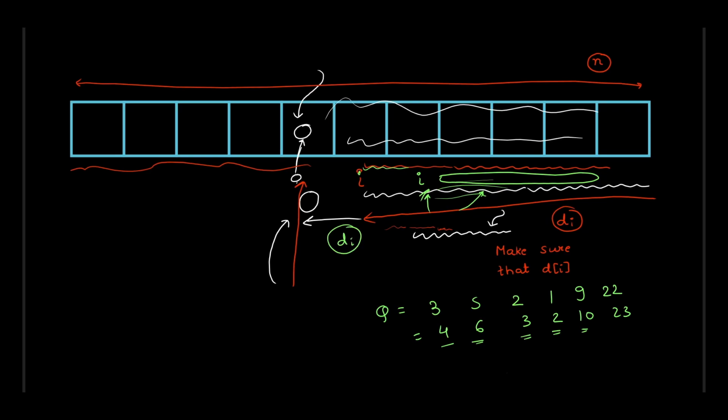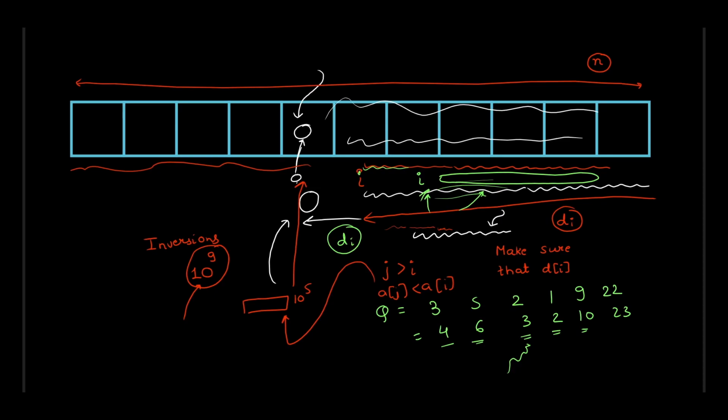So where do we actually get this idea of relative ordering from? Where does the intuition come from? You will remember that in problems that deal with counting inversions, if the problem suddenly asks you to find the number of inversions where the array elements are up to 10 to the power 9, we say that we will use coordinate compression and reduce it down to 10 to the power 5, because whenever the problem talks about j greater than i but aj is less than ai, which is an inversion, we know that the coordinate compression works.